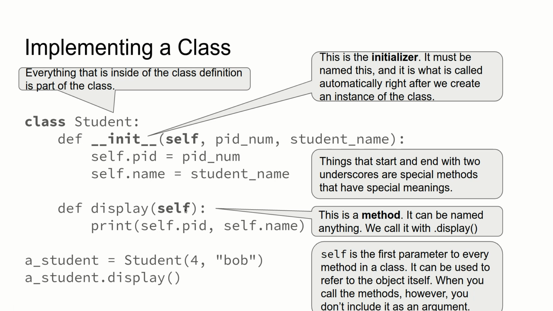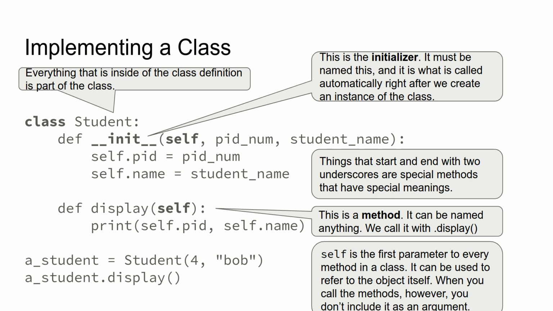And then that way, we are able to ask for the ID of this specific student and the name of this specific student, so that if we had that list of thousands of students, we could grab a student out of that list. We could ask, what is your ID number? We could ask, what is your name?